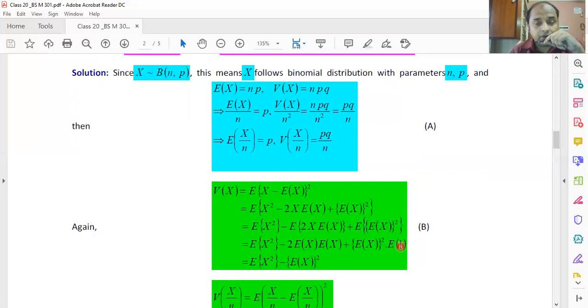But expectation of any constant quantity is that constant, and therefore E of 1 equals 1. So we get ultimately this formula. We treat this as our working formula, which comes from the definition.